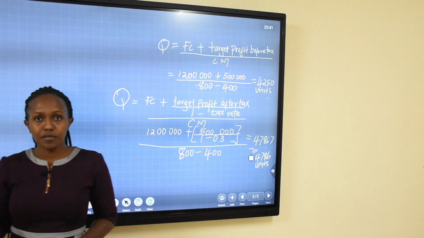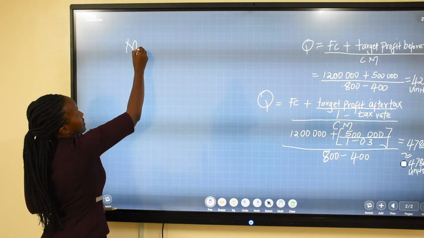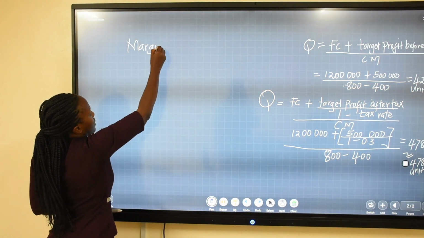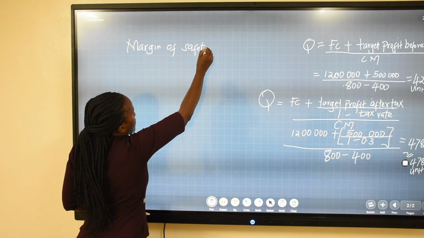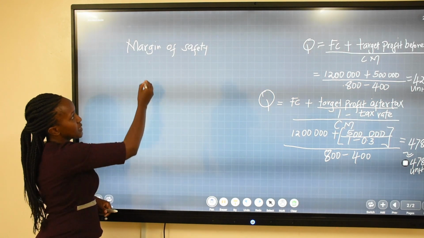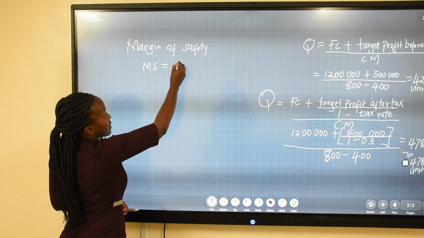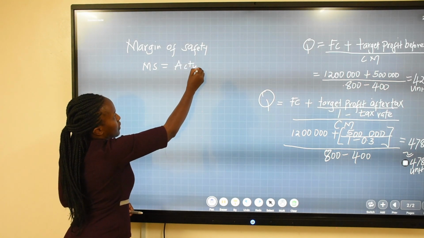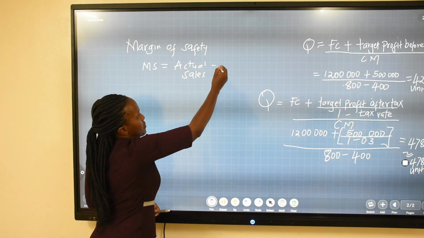So our final question is the margin of safety. We said margin of safety, MS, is equal to the actual sales minus BEP sales.